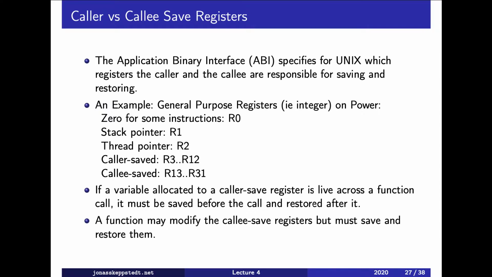Okay, another issue is something called caller versus callee save registers. When I said platform, that's the general term. For Unix, we talk about the application binary interface. That's the contract between the programmer, if he uses assembler code, the compiler writer, the operating system, and the machine architecture.